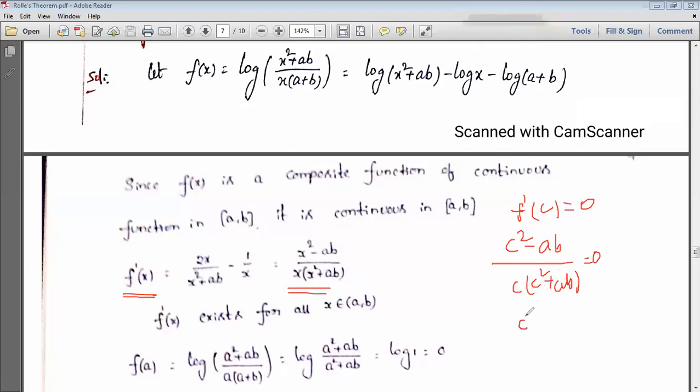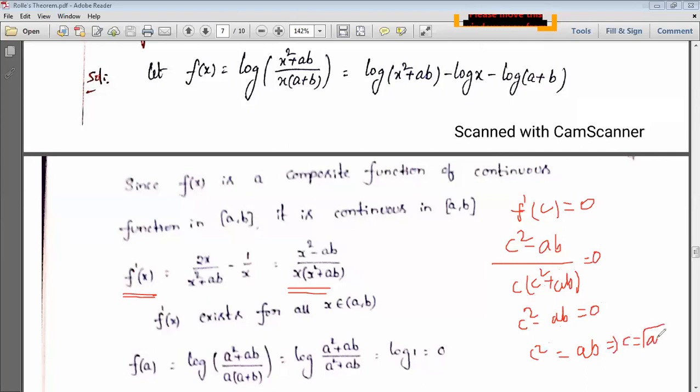By cross multiplying, we get c square minus ab is equal to 0. So c square is equal to ab, and then c is equal to square root of ab.